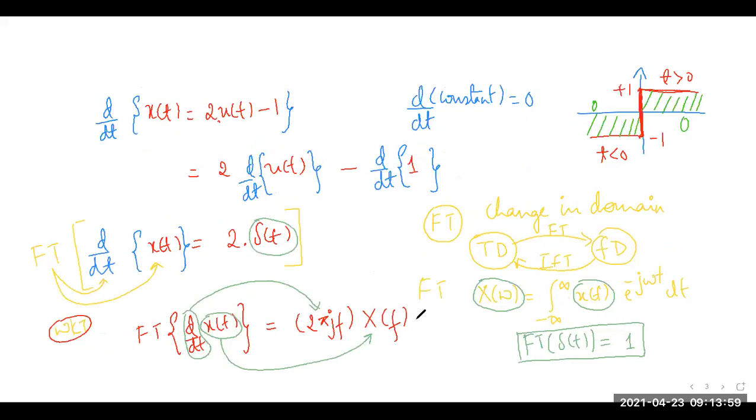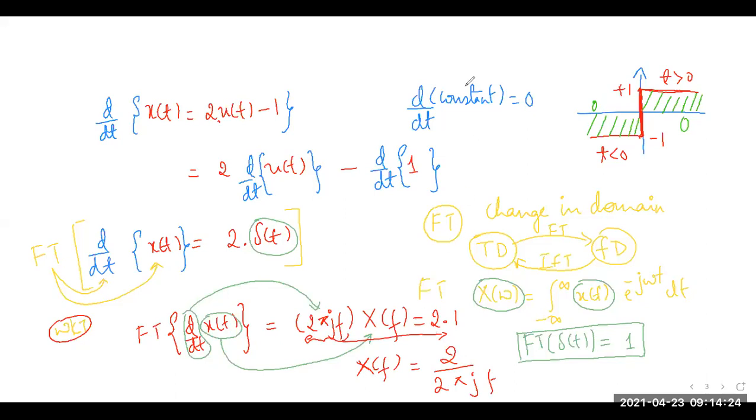And in fact, I can rewrite this above equation as equal to 2 into 1. Now, what is this capital X of f actually equal to? For that, I got to cross multiply this part onto my right hand side such that I'll end up with 2 by 2 pi jf.